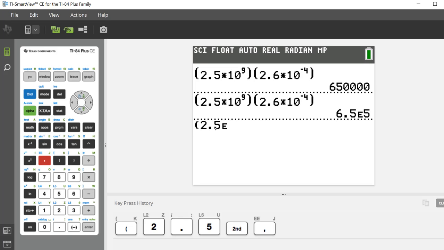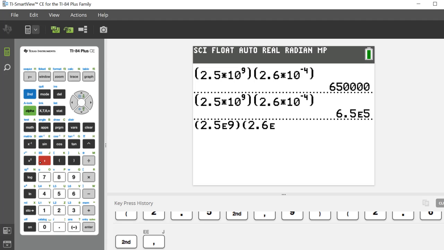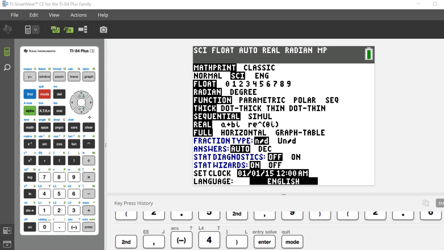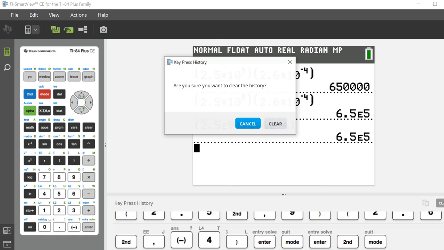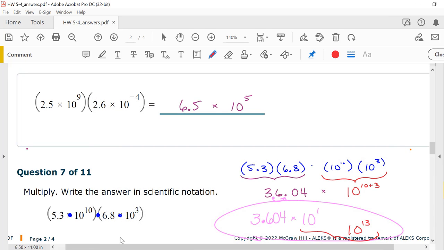That means 2.5 times 10 to the ninth, and then times 2.6 times 10 to the negative 4. And it gives it to you. Okay, I'm going to turn my mode back to normal and then do the second problem.